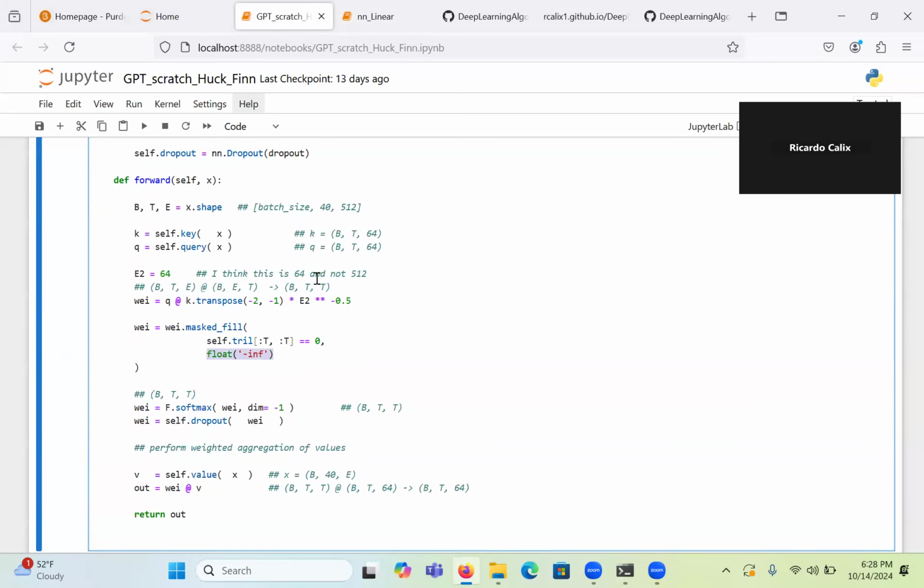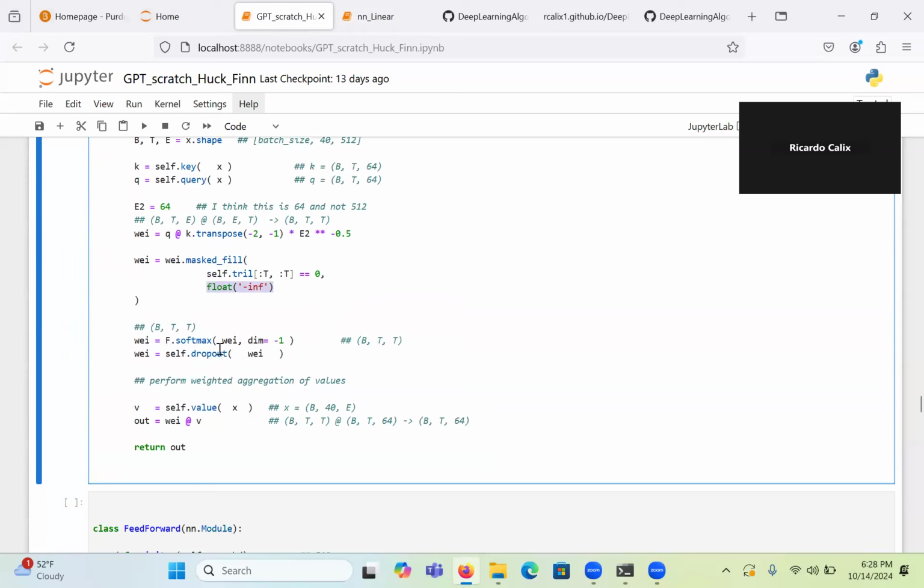And that mask is going to be applied to the wei, then wei runs through a softmax operation, and that just means that it goes into that function to produce new outputs. And then wei also goes into a final dropout, and that's basically it. So wei at this point should be your 32 by 40 by 40, but it has run through those operations.